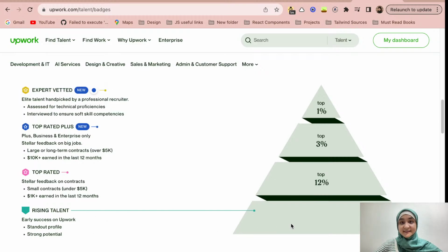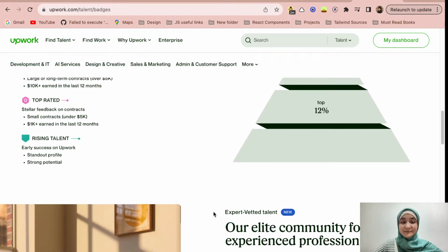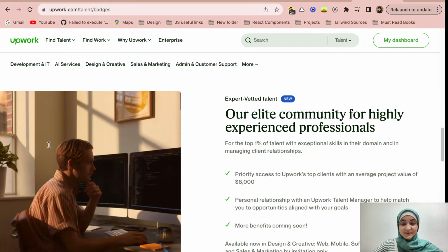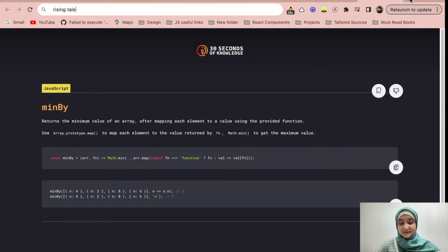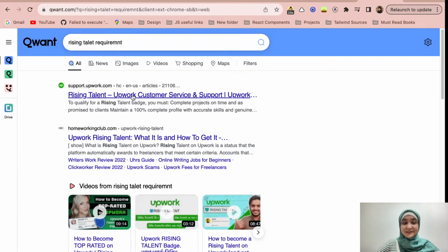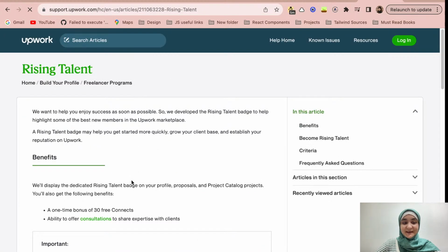We have Rising Talent, which is available for almost everyone who is new to Upwork and who has a good profile and strong potential. Let's get into it. There are some requirements in the list, and there are also some unlisted requirements that you should know. I will be talking about both of them.